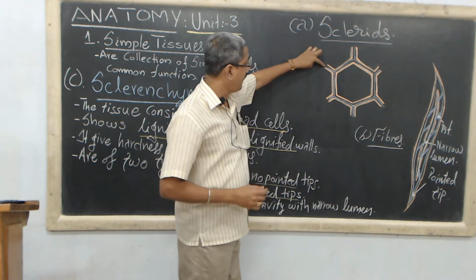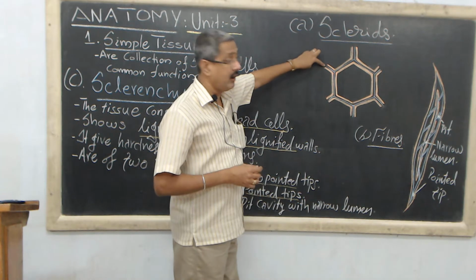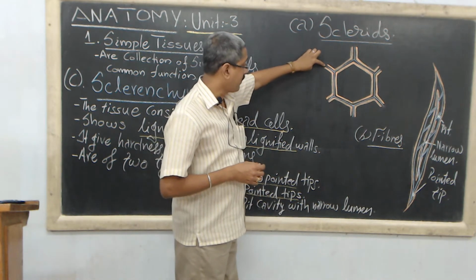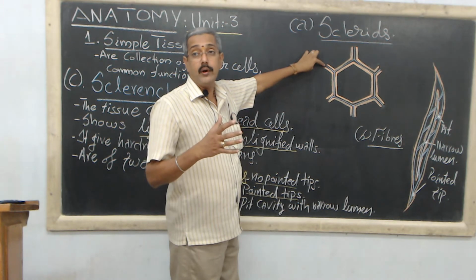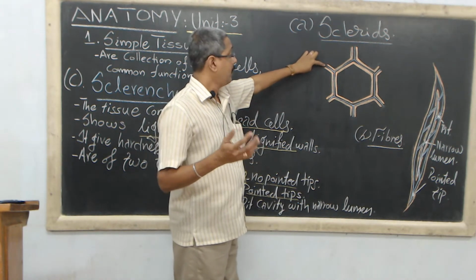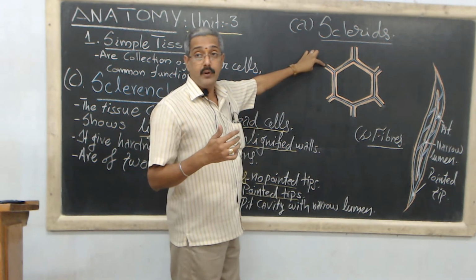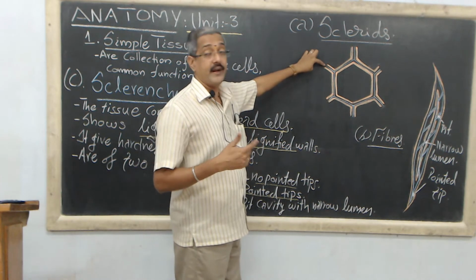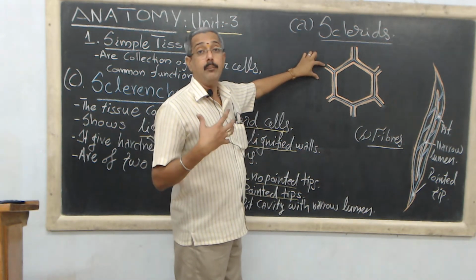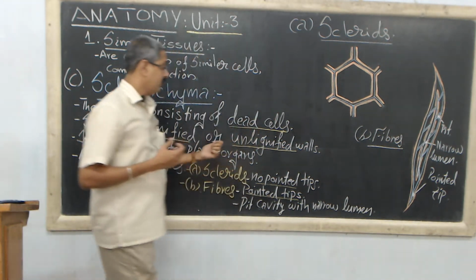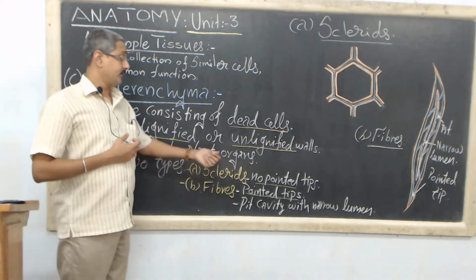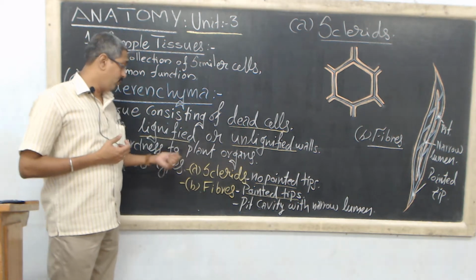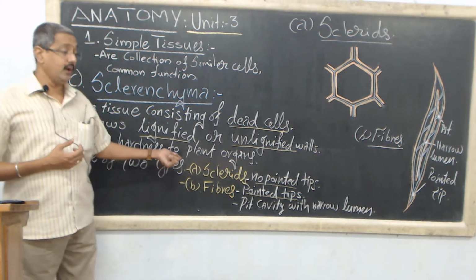Here you can see the diagram with a middle blue line marking, which represents the actual thin walls of the cell. But gradually what happens? Lignification takes place and the cells become dead. This structural differentiation is to give hardness to the plant organ.